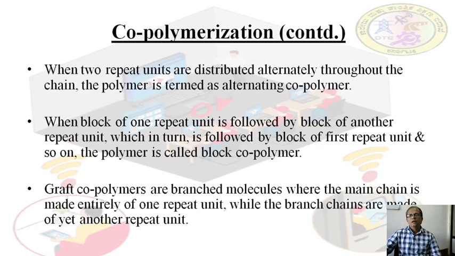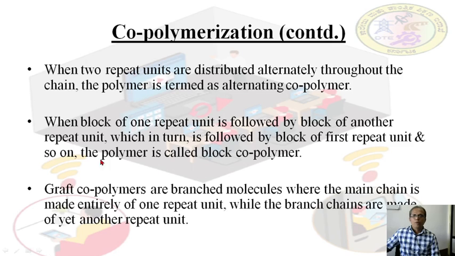Now, one more type: the repeat units are distributed alternately, one after the other. If we have two monomers of different types polymerized together, and the repeat units are distributed alternately one after the other, then that polymer is called an alternating copolymer.